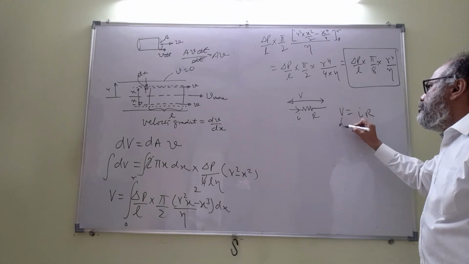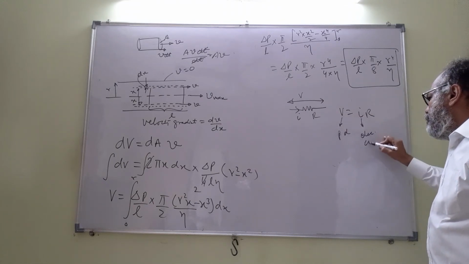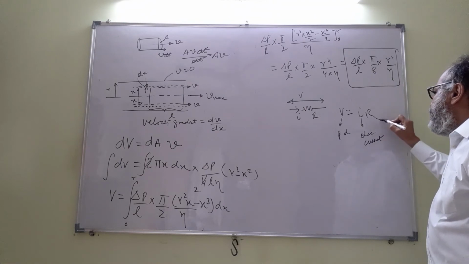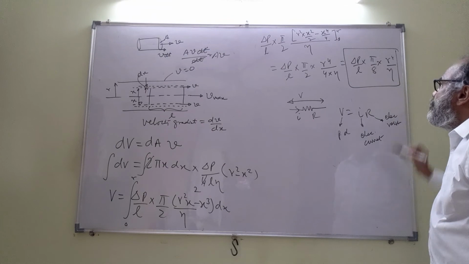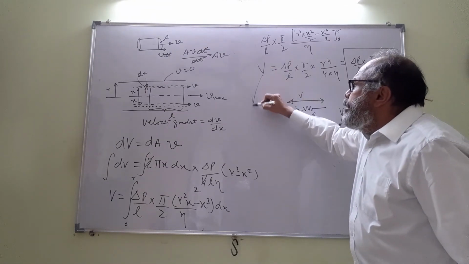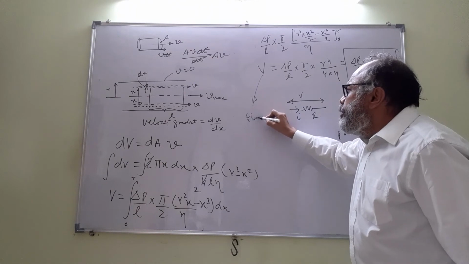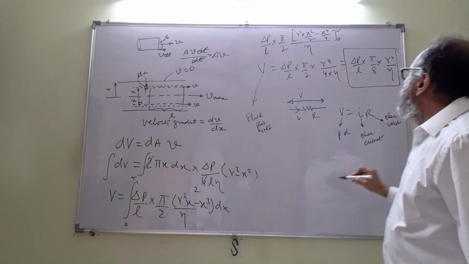V is the potential difference, I is the electric current through the resistor, and R is the electrical resistance. The same thing we could do here. The volume flow rate is the fluid flow rate.